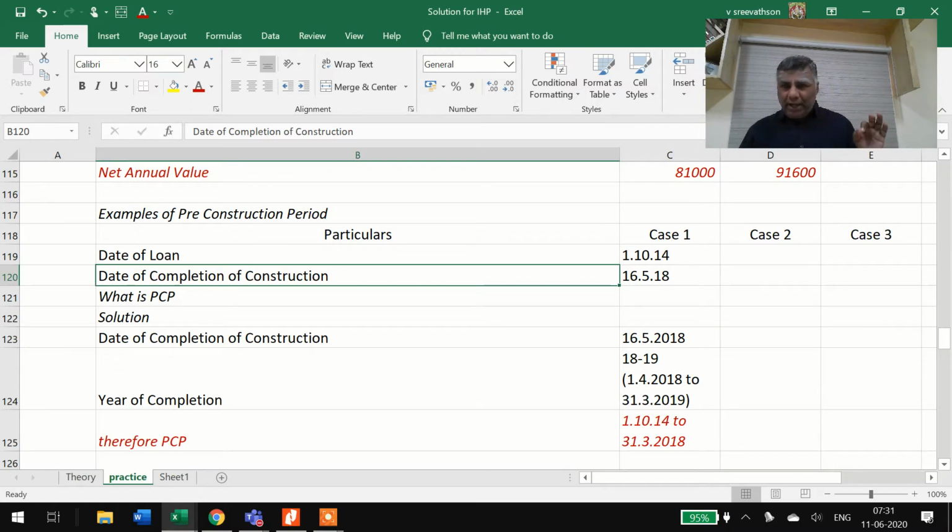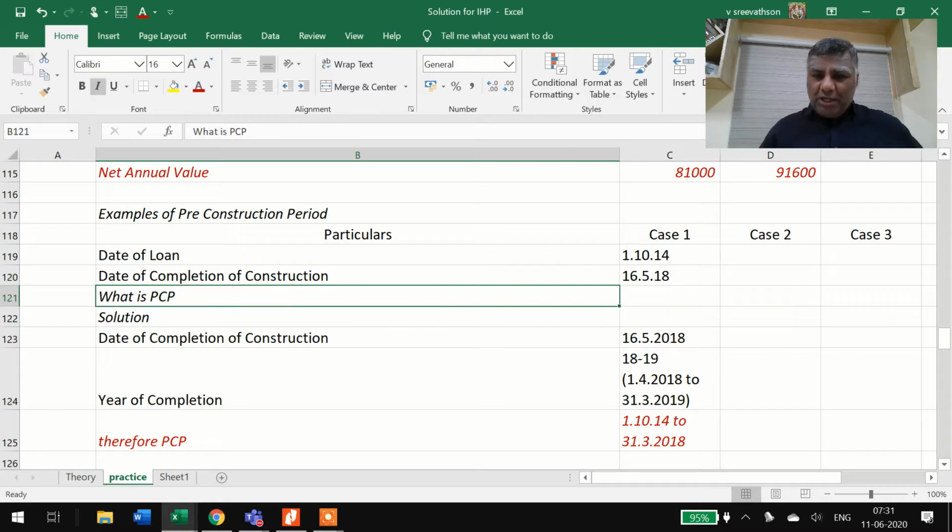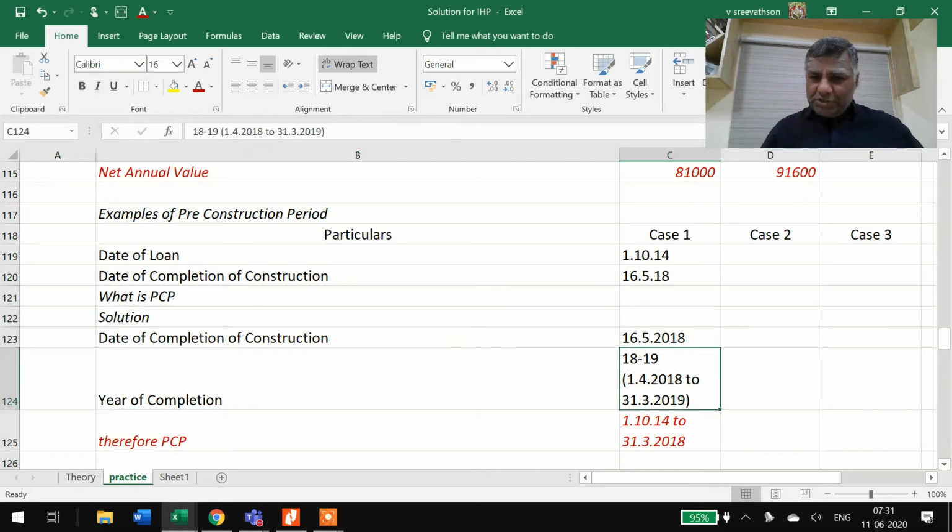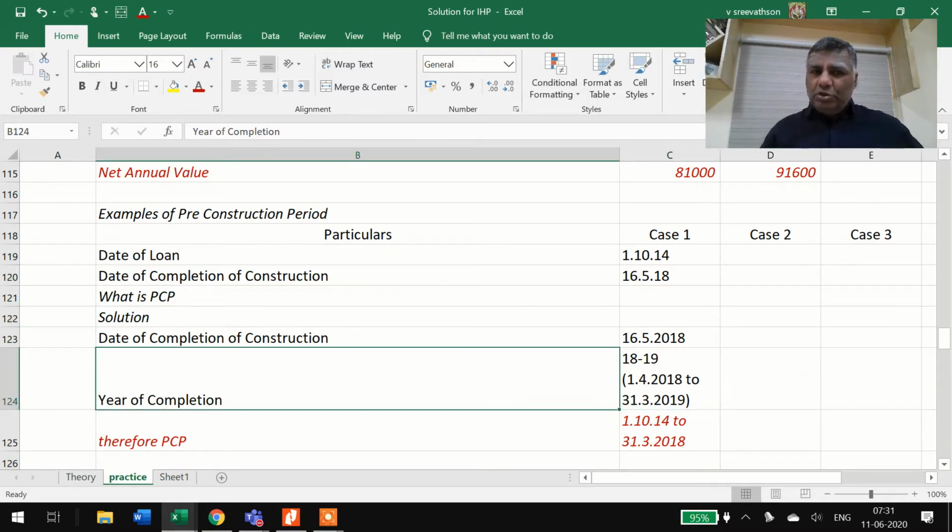Leave the year of construction, till the preceding year. Pre-construction period means the period preceding the year in which completion happens. So the year of completion is this, and preceding to that is known as pre-construction.